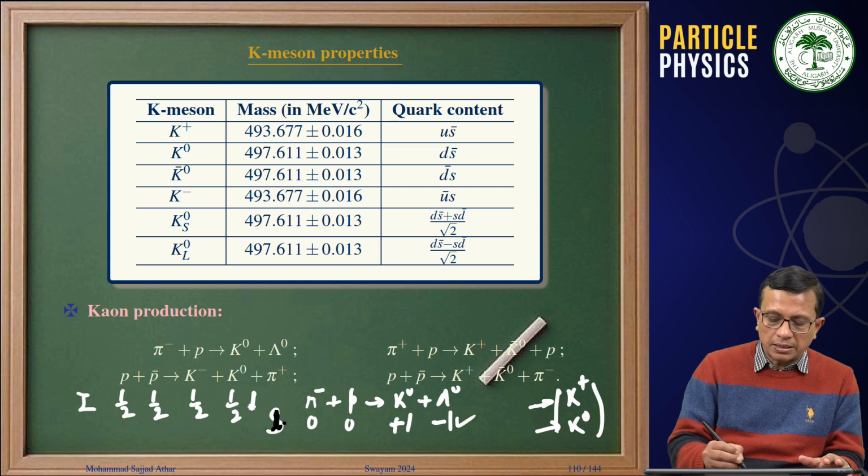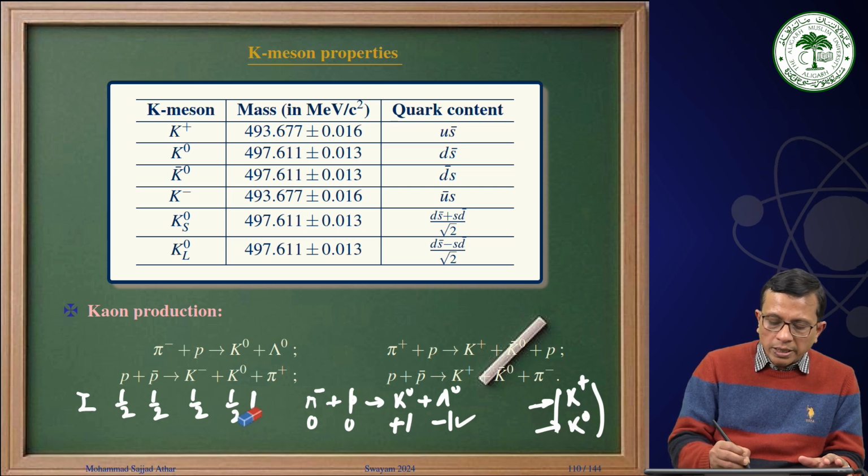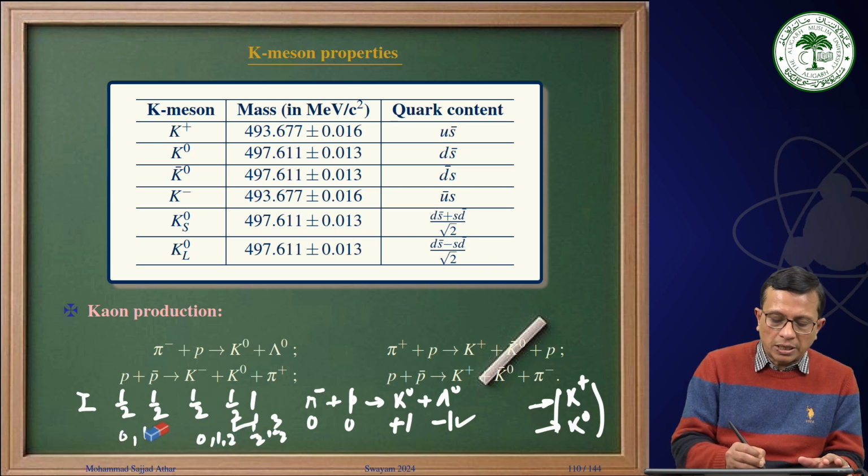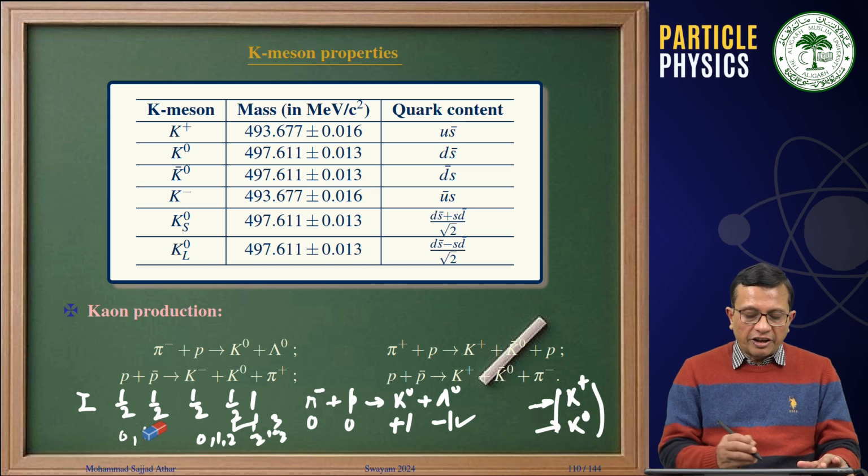As you can see, 1 and half can give us half and 3 half. And half and 3 half with this half can give 0, 1, and 3 by 2 will give 1 and 2. Therefore, the possible values are 0, 1, 2 in the final states, and here the possible values are 0 and 1. Therefore, we are conserving I.